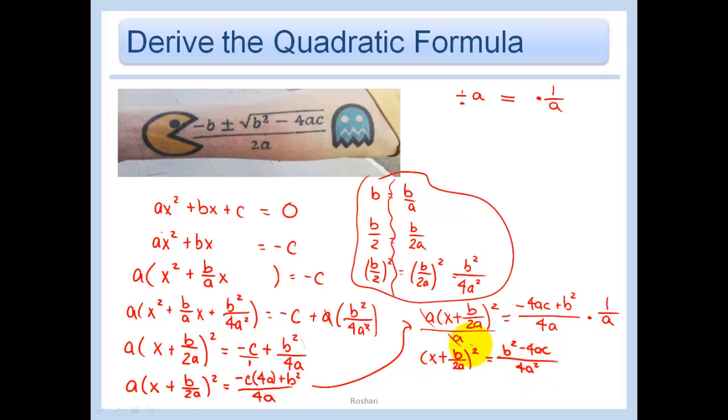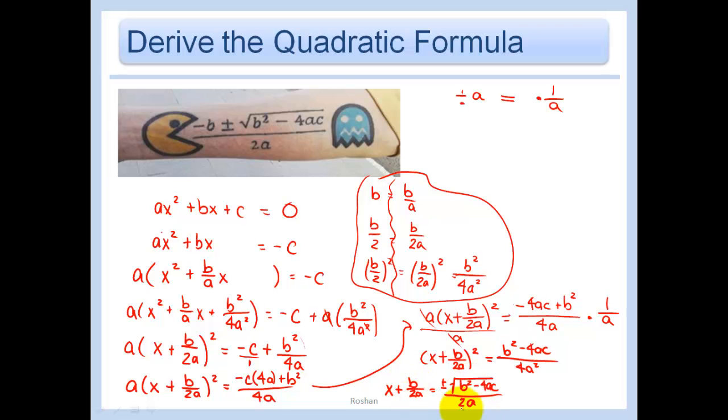And now I'm going to take the root of both sides. So I'm left with x plus b over 2a equals plus or minus root b squared minus 4ac. And when I take the square root of the bottom, the square root of 4 is just 2. And the square root of a squared is just a.